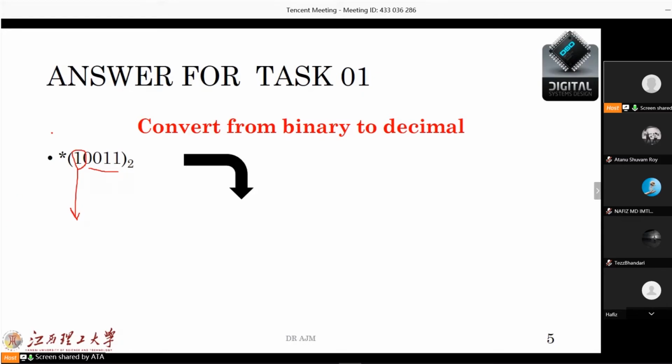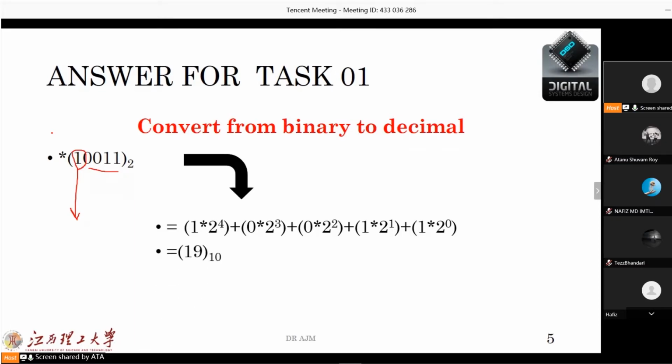Okay, next is 0, 0 multiply 2 power 3. Next one, 0, multiply 2 power, how many numbers do I have? 2. Okay, 2 power 2. Next one, 1 multiply 2 power 1, and next one is 1 multiply 2 power 0. Simply I can calculate this, and then we will see that it's equal to 19 in the decimal base.